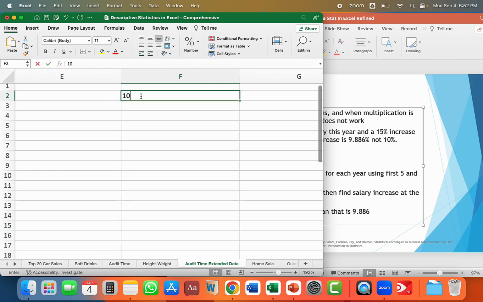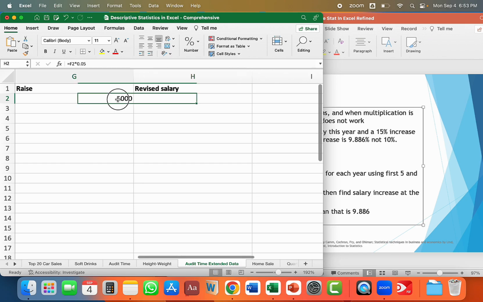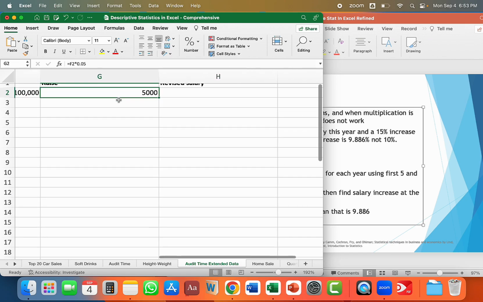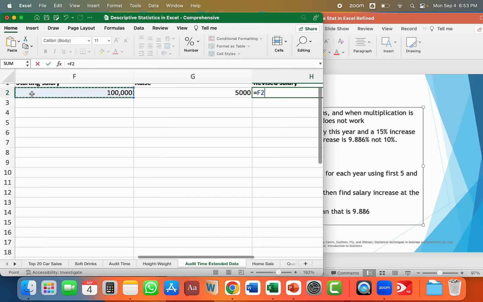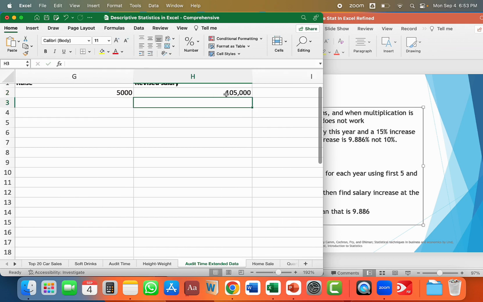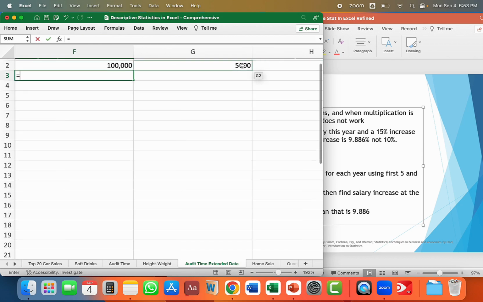So for instance, here is your starting salary, 100,000. Now in the first year you get a raise of 5%, so the raise will be equal to 100,000 times 0.05, which means your raise for the first year was $5,000, and then your salary becomes 100,000 plus this raise, so by the end of the first year your salary will be 105,000, and for the second year your starting salary will be 105,000.